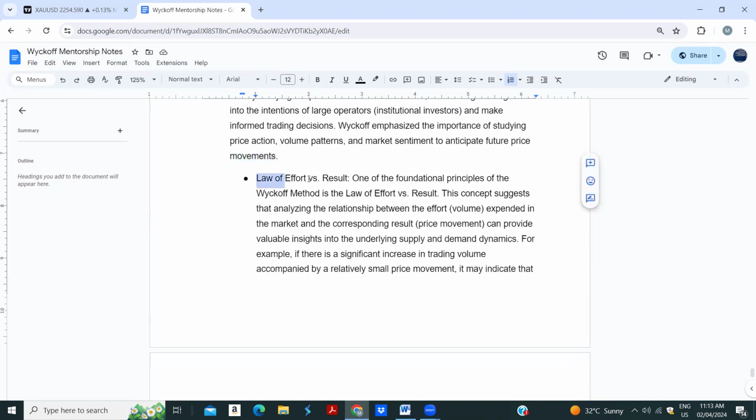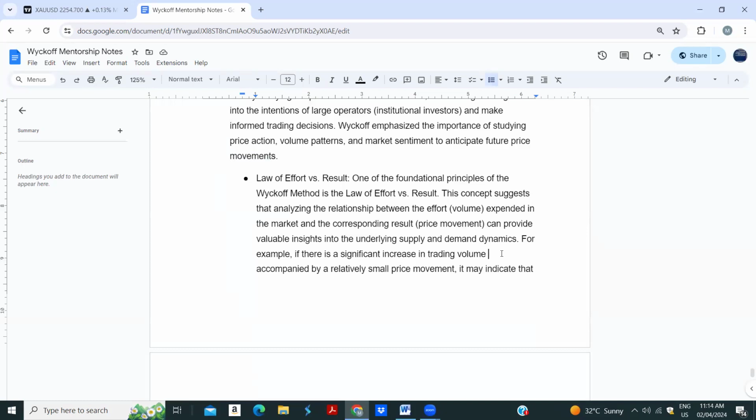Now, the law of effort versus result. One of the foundational principles of the Wyckoff method is the law of effort versus result. This concept suggests that analyzing the relationship between effort, which is volume expended in the market, and the corresponding results, price movement, can provide valuable insights into the underlying supply and demand dynamics.